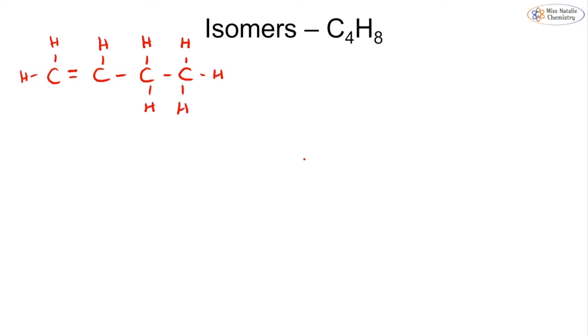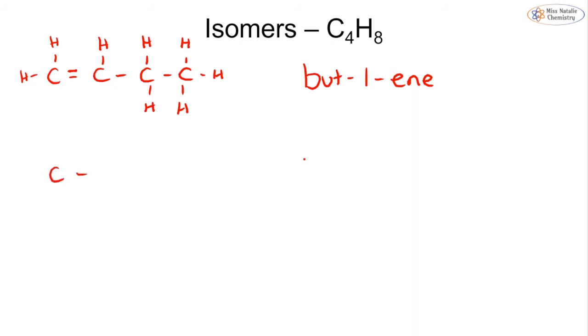So you'll see that we have a space underneath the double bond because we already have 4 bonds for our carbons, so we don't add any extra hydrogens. And this is known as but-1-ene because the double bond is between carbon number 1 and carbon number 2.